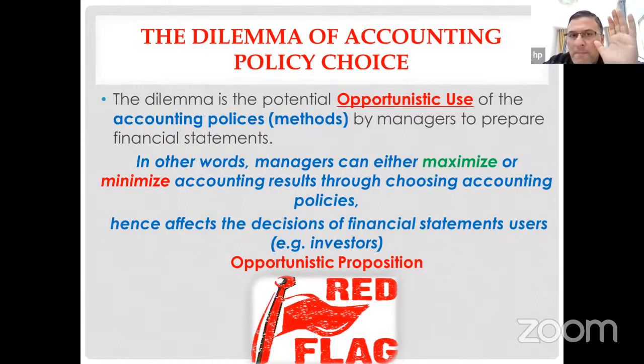Here, in accounting policy choice, we have a dilemma. What is the dilemma in that? The dilemma is the potential opportunistic use of the accounting policies or accounting methods by managers to prepare financial statements.